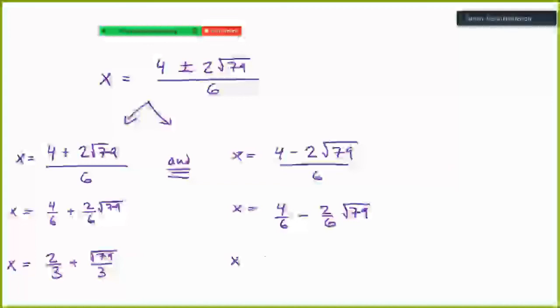And on the right, it's the same thing we just did, but negative instead of positive. So it's 2/3 minus root 79 over 3. And holy cow, we did it.